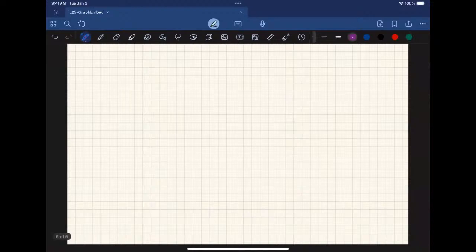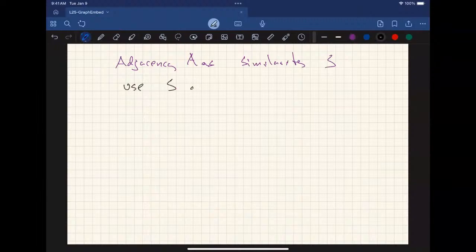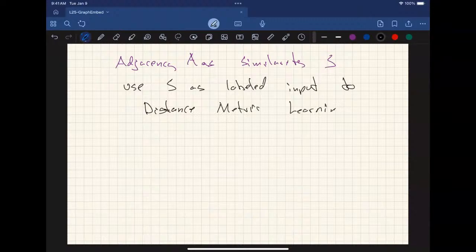The other thing we can do, if I have the adjacency as a similarity S, is to use S as the labeled input to distance metric learning.